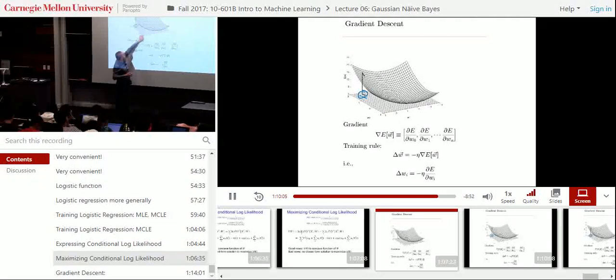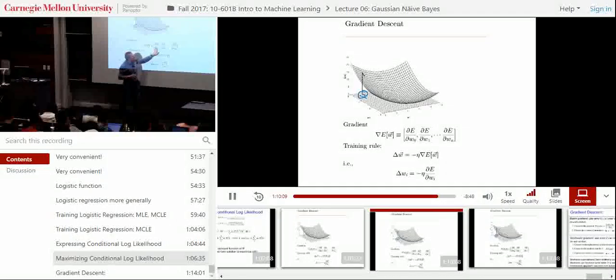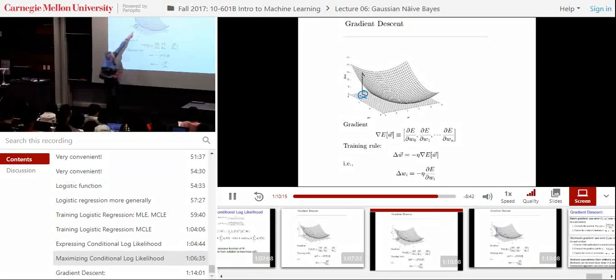In this simple picture, I only drew 2 W's, so it would be W0 and W1. That's it. But this vector of derivatives gives us exactly the vector, the direction that I've drawn the blue circle around. That's the direction that we move the weights so that we most steeply descend the surface of the function we're trying to minimize.